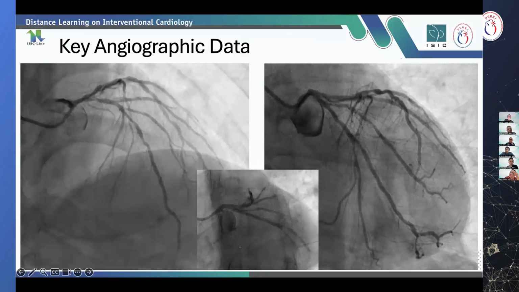So in this kind of multivessel lesion, if the left circumflex doesn't have any functional ischemia, I will do OCT-guided LAD to left main PCI if myocardial ischemia is positive in LAD.